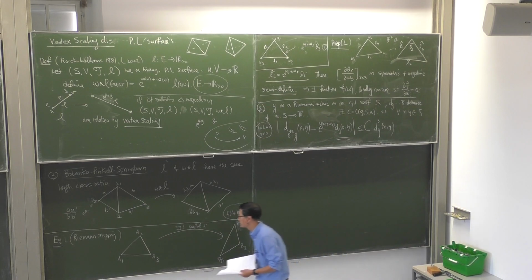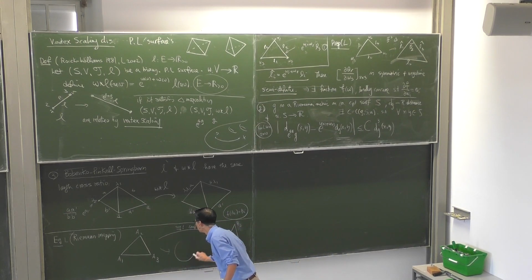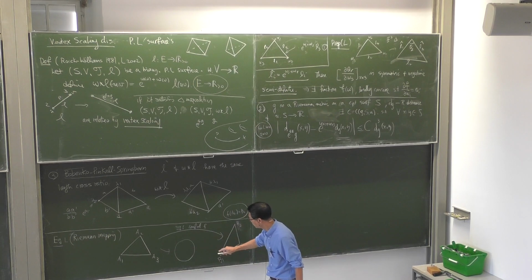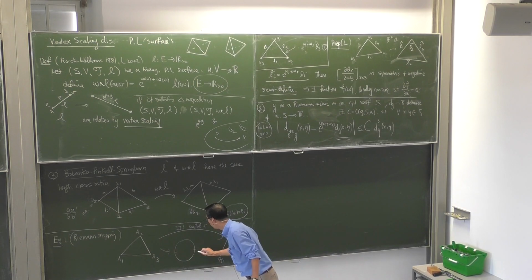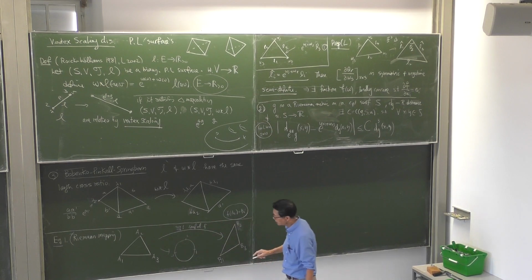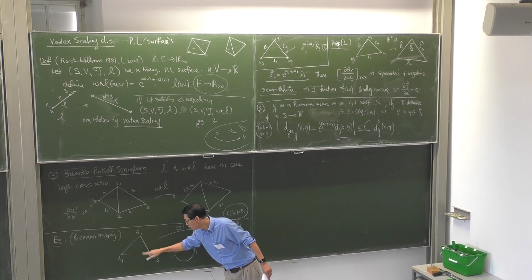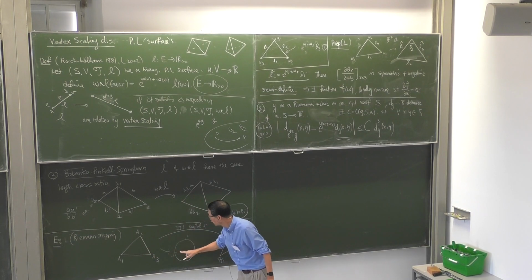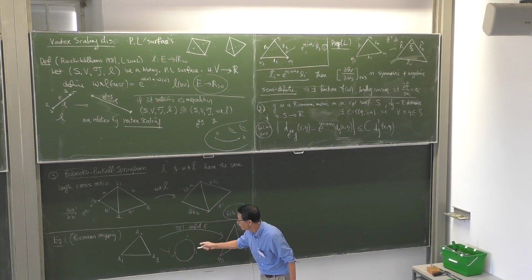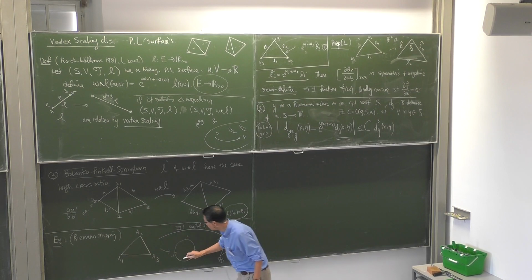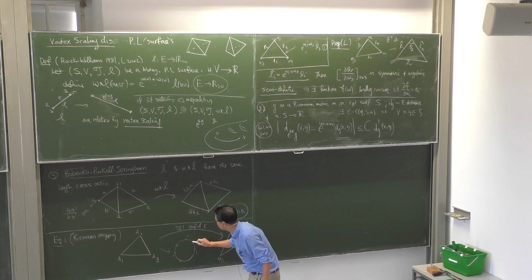And the proof of this is, of course, you first send the interior of this triangle to the unit disk. And then by Carathéodory's theorem, this Riemann mapping extends to a homeomorphism from the triangle to the closed disk. But the 3 points may be mapped into some different 3 points instead of -1, 1, i.